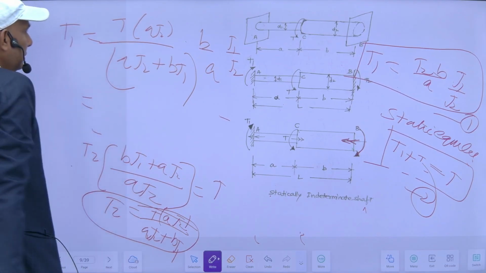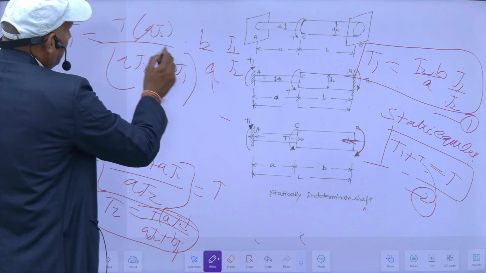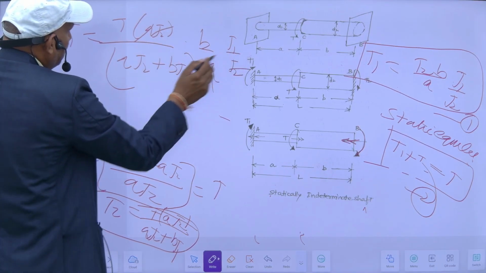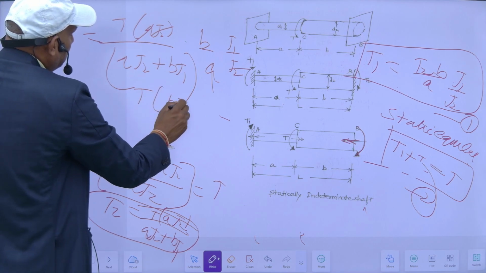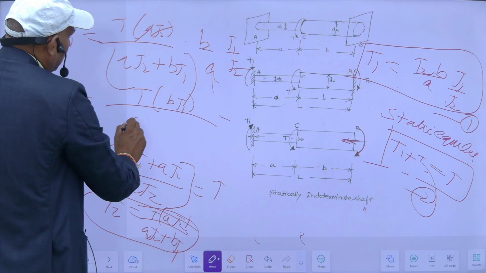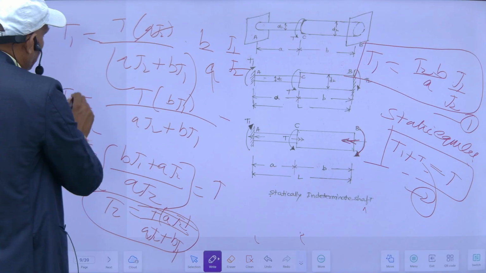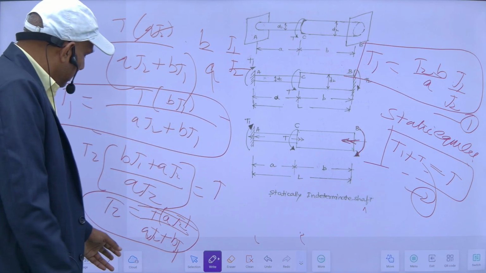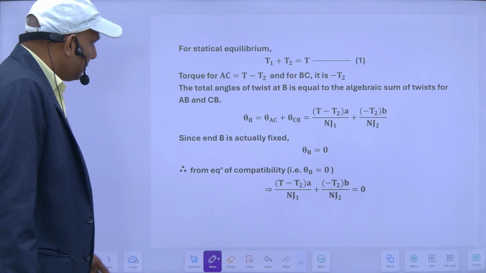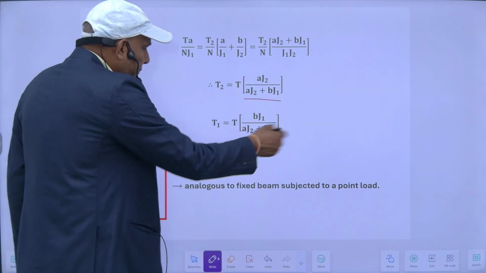So here A and A will cancel each other, and J1 and J2 also cancel each other. So it will be T into B J1 upon A J2 plus B J1. So this will be T1 and this is T2. After solving these equations, I will come here.